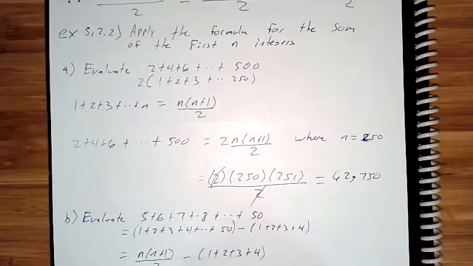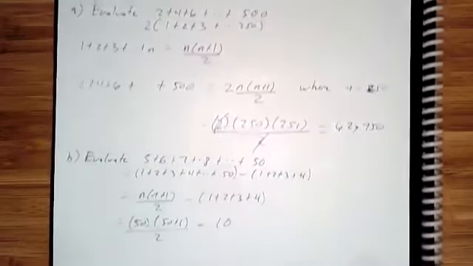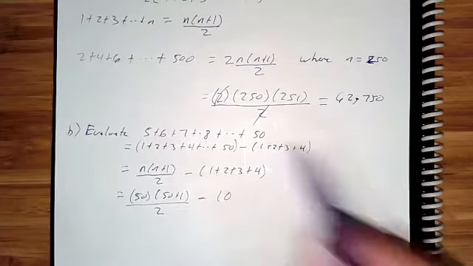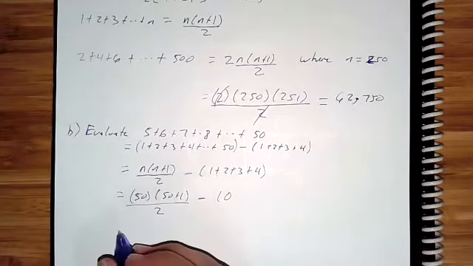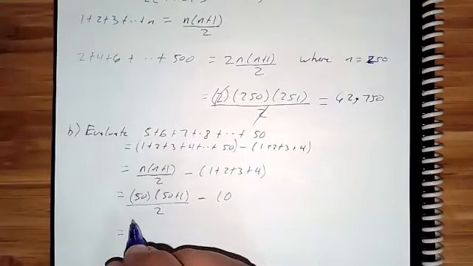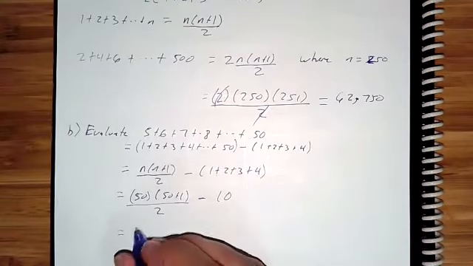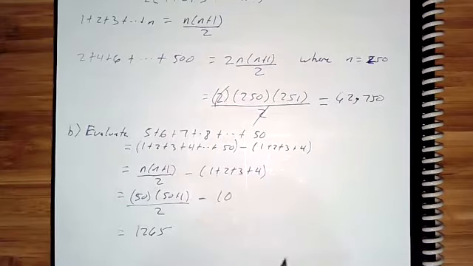So minus 10. All right, so plug in, our n is 50. N is always the stopping point. So that'll be 50 times 51 divided by 2 minus 10, that's 1265. So there's the sum.